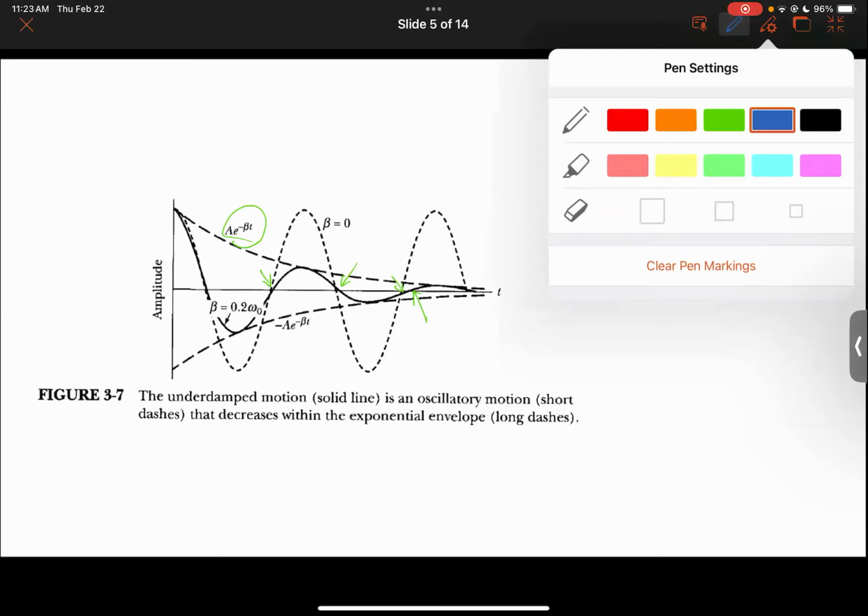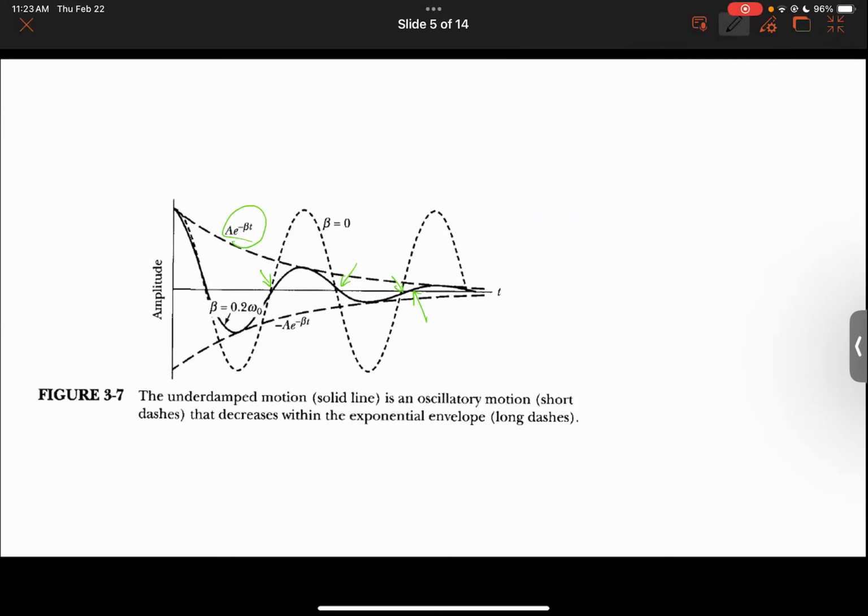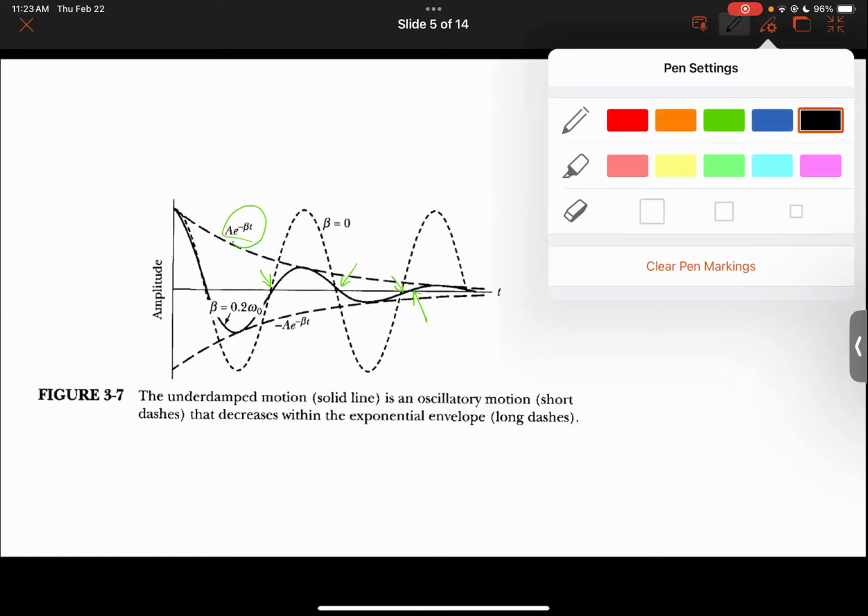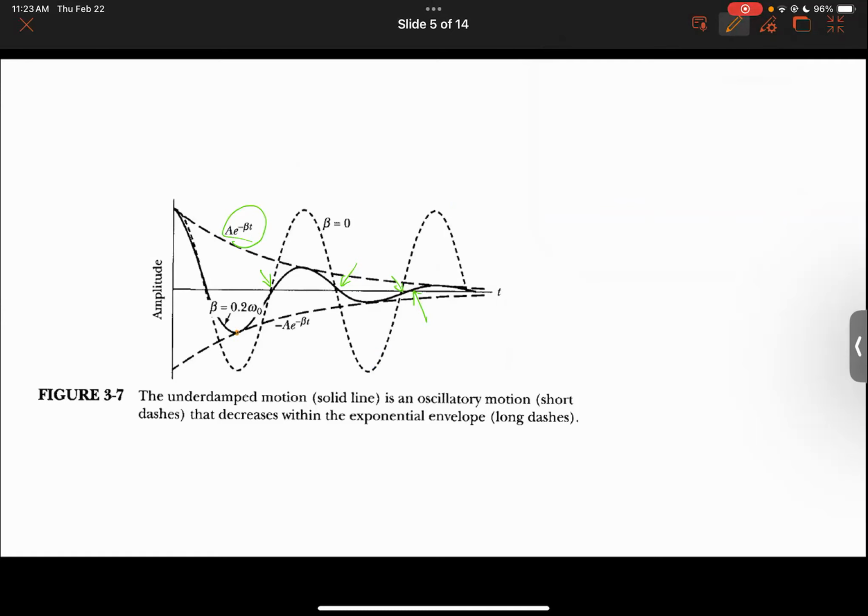Now, if we go here, we can also describe the ratio of amplitudes of the damping. What I mean is this. Let's say that I take the amplitude at this point and the amplitude at this point. The amplitude at point 1, for example, is A exponential minus beta t, at time t.